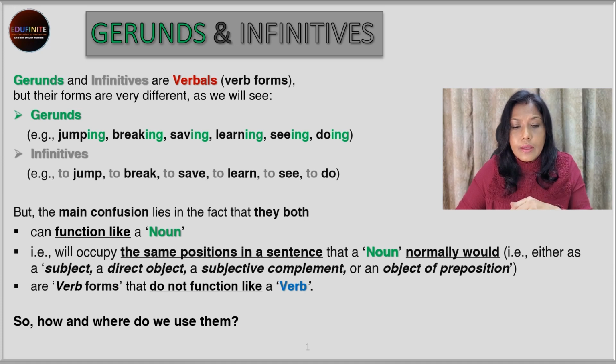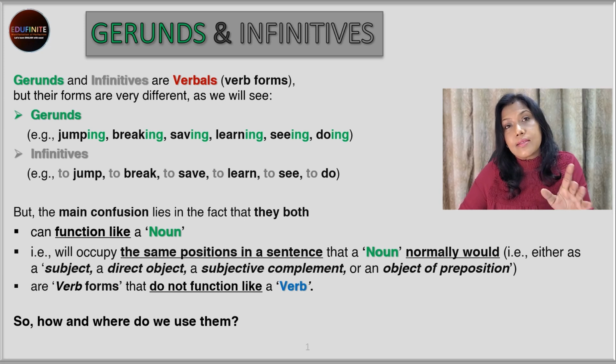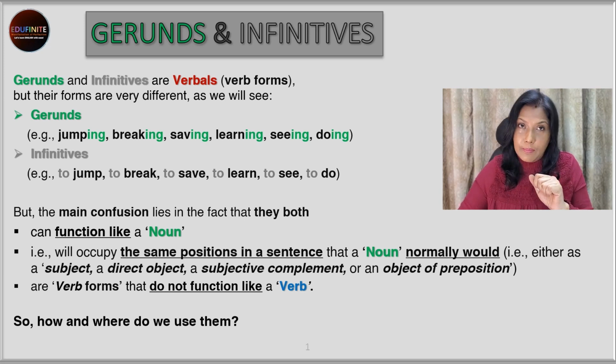Now let's see how and where we use them when they function as nouns, and why we are so confused about them. In this video, I'll be focusing only on them being used as the object of the verb. So let's look deeper into it.